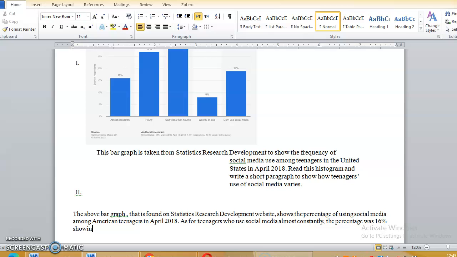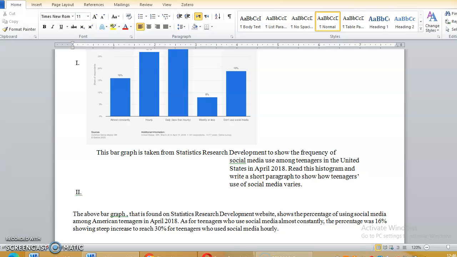Here I can use steep increase to reach 30% for teenagers who used social media hourly.